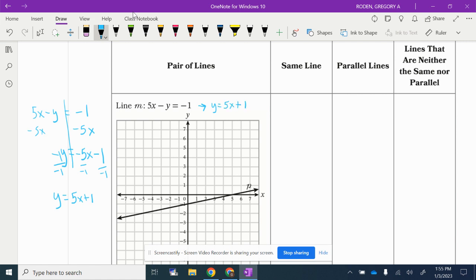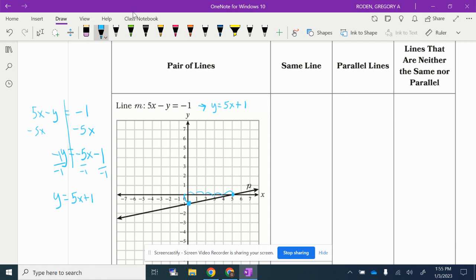Now for this equation, your y-intercept is negative 1, sorry, and your slope is, let's see here, we'll go from here to here. So it's rise 1, run 5.